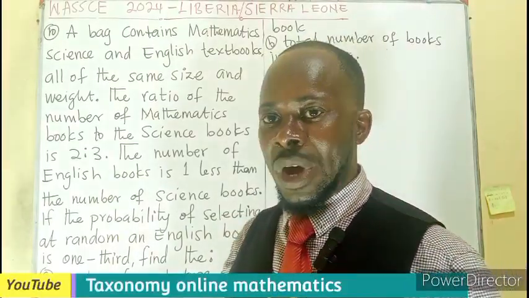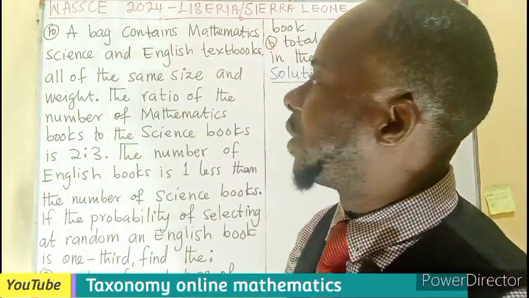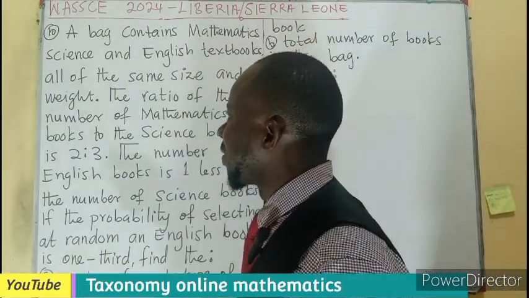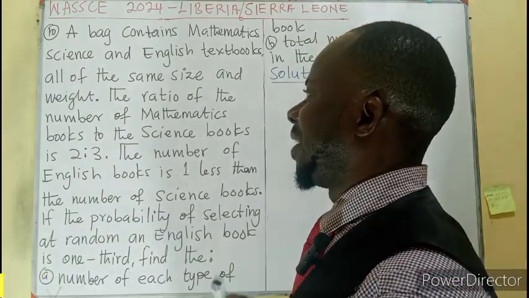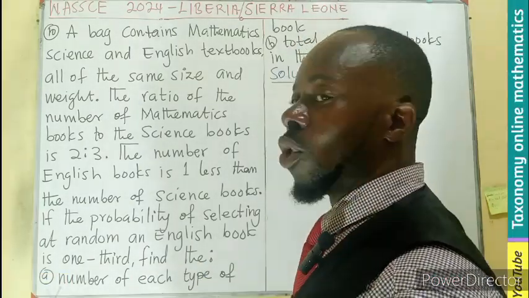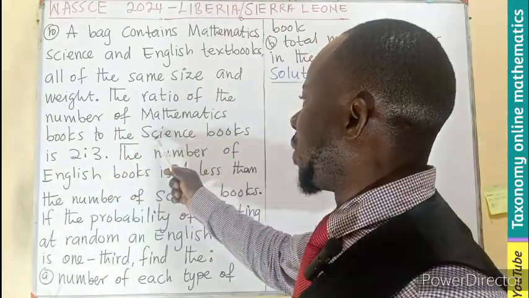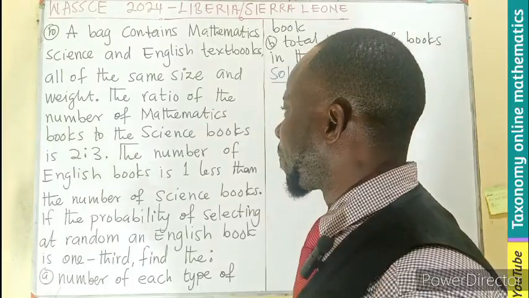Question 10, WASSCE 2024 Liberia Sierra Leone edition. A bag contains mathematics, science, and English textbooks, all of the same size and weight. The ratio of the number of mathematics books to that of the science books is given as 2:3.